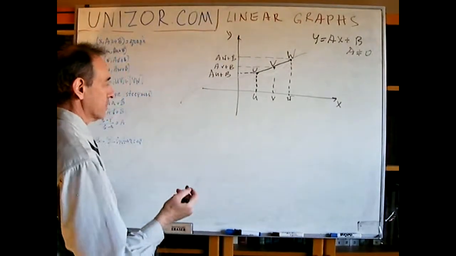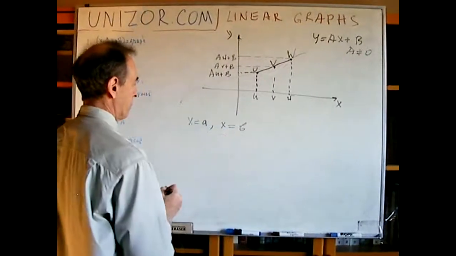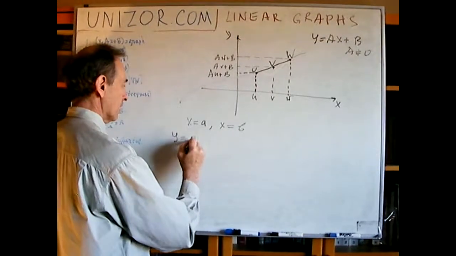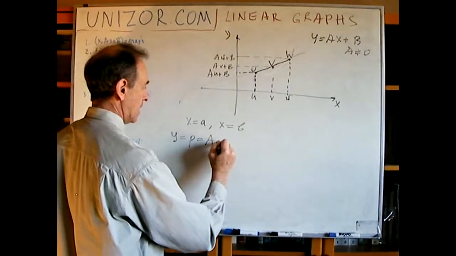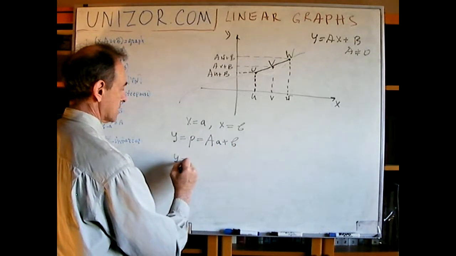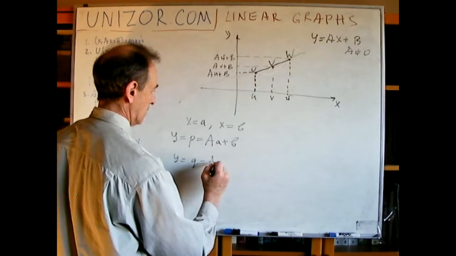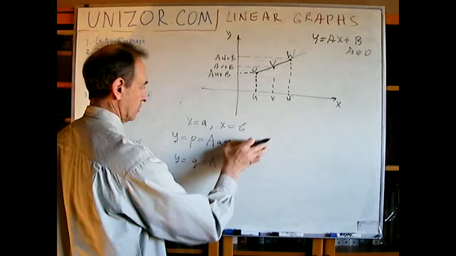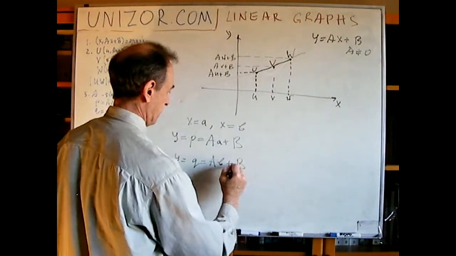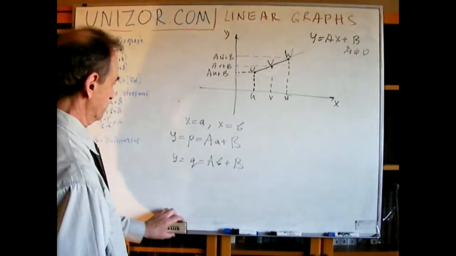Let's take two different values of the argument. X is equal to a and X is equal to b. Then y is equal to, let's call it P, a times a plus B. And another y, let's say it's Q, is equal to a times b plus B. Now, we have two values of argument and two values of function.